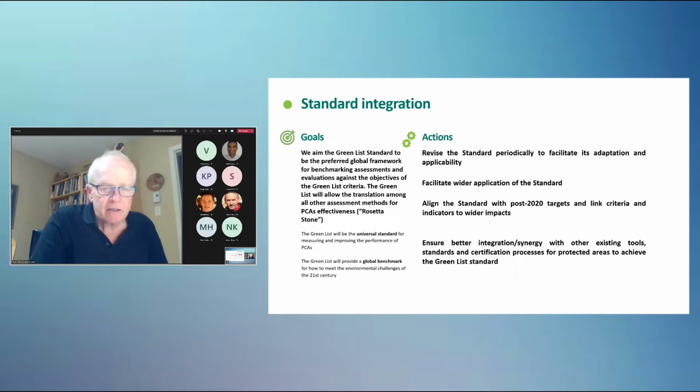That's on the WCPA website in French and English and tomorrow Spanish. And the Green List is a central part of that document as well. So overall, we're looking for integration with these other tools so that we can achieve the conservation outcomes. If you can go to the next slide, Terry.